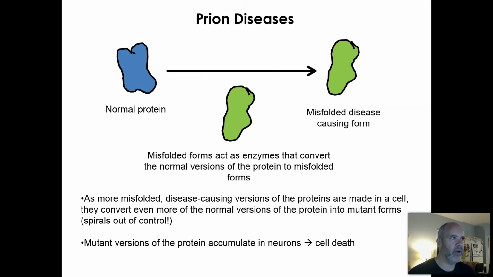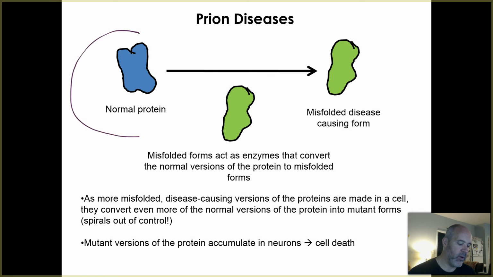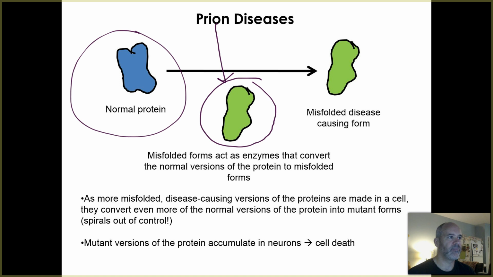Let me skip over here to this diagram, just to give you a visual on that. All right, so prion diseases are caused when you've got some normal neuron protein. And again, we still don't know what these proteins do; they have some natural function in the nervous system, but we don't know what it is. They mutate and become the prion form here.